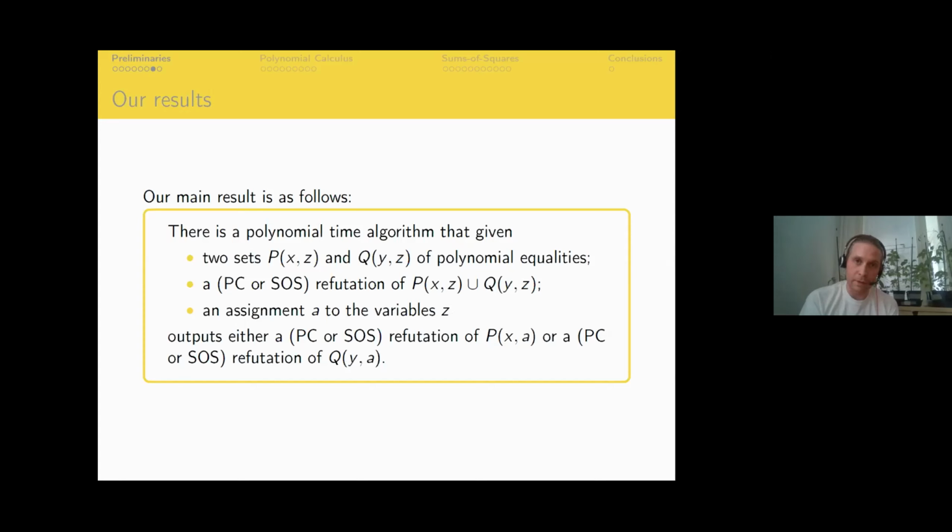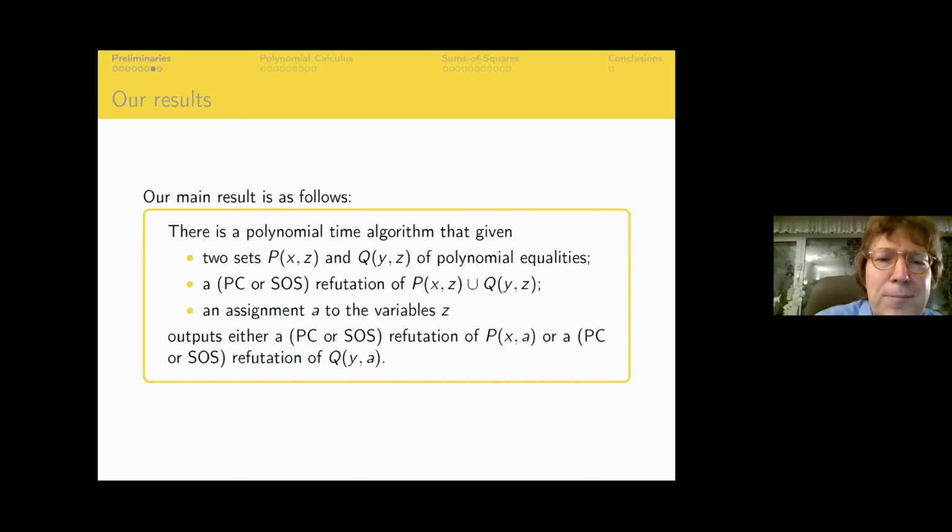Of course, if after assigning these a variables one of these is satisfiable, so that you have some restriction that sets all of these to 0, then that gives you a refutation of the other side. But if both of these are unsatisfiable, then this kind of attack doesn't work. Yeah. Right. Okay.